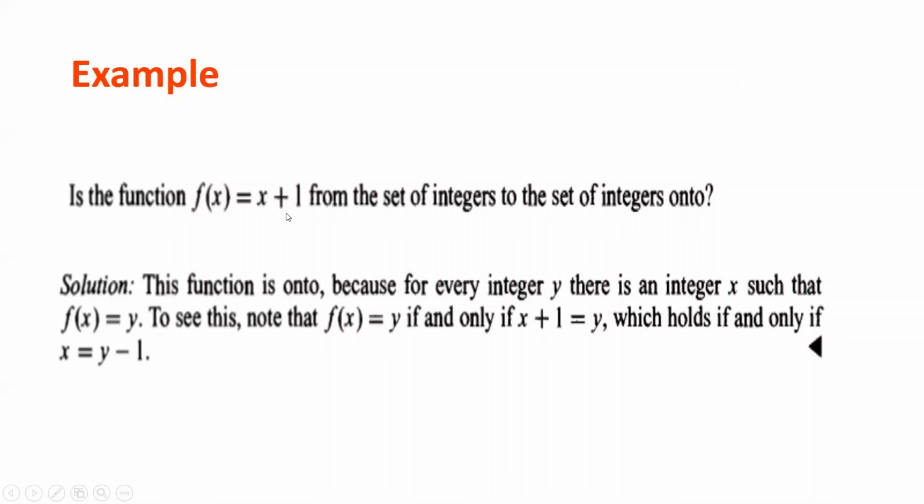Okay, so here for every number in set A, whatever result we get from this x plus 1 mapping, it will also be a part of the set of integers, or we can say the codomain. So every element of the codomain here maps with an element of the domain. So we can say this is an onto function or onto mapping.